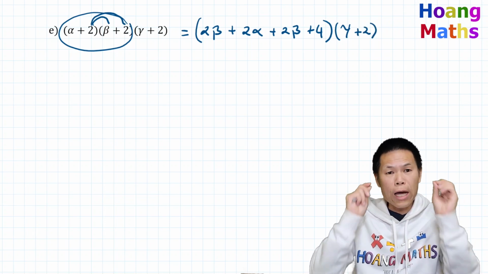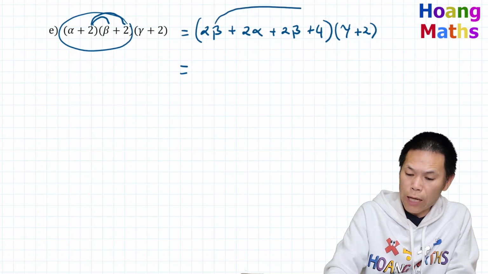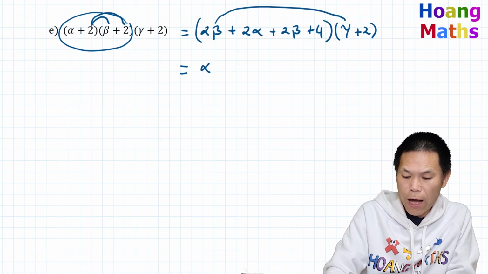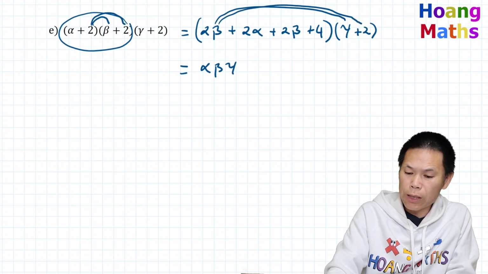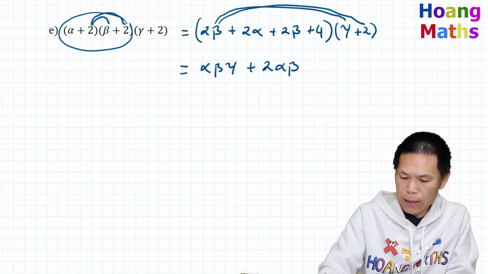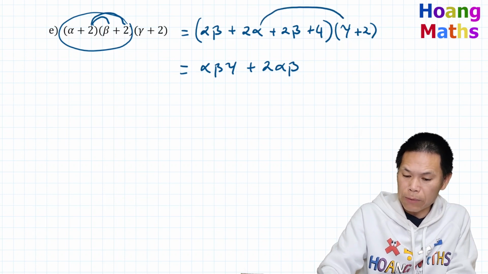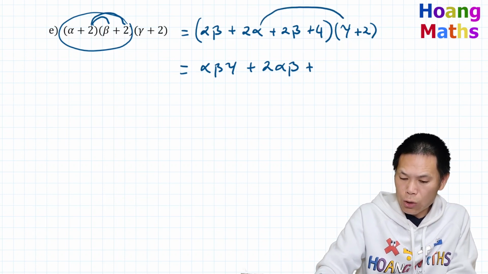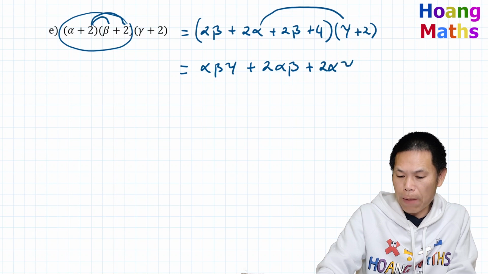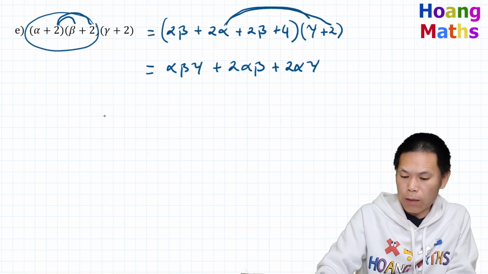So now what I do, I need to expand it further. So that is equal to, we just go this times together. So alpha, beta, and gamma. Then we just times this with 2. So that is equal to 2 lots of alpha beta. Then next one is we just go 2 alpha times that. So that gives me 2 alpha gamma. And we have this times together, gives me 4.